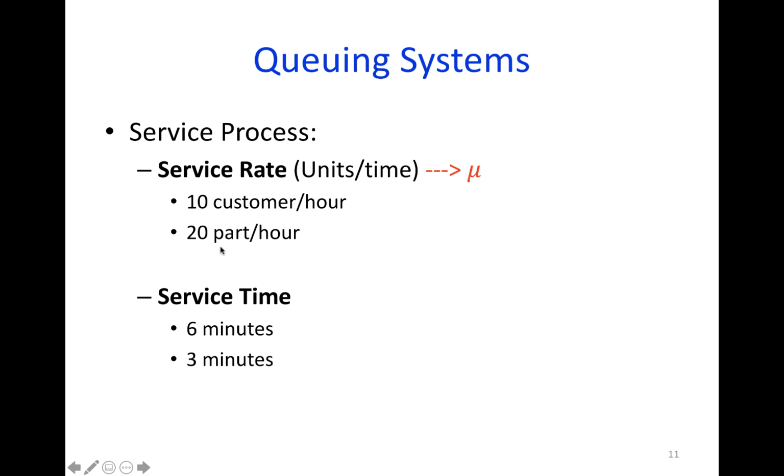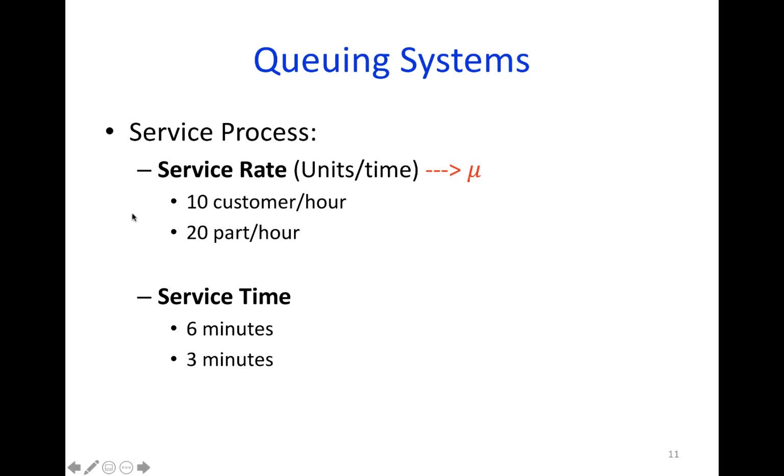If a machine in a manufacturing process processes 20 parts per hour, that means it takes 3 minutes to process each part on this machine.